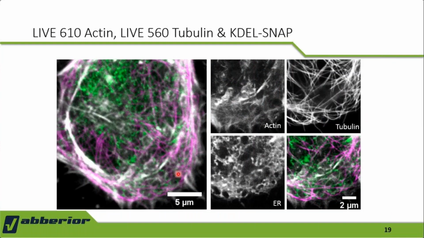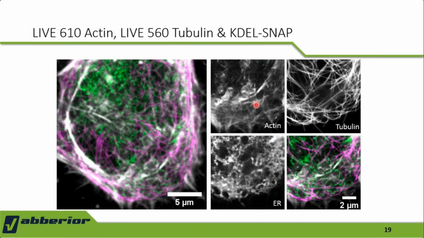And also we are working hard to provide you with a third color, a third fluorophore suitable for live cell STED microscopy. What you see here is a mammalian cell stained with Live 610 actin, Live 560 tubulin, and with our hopefully new dye labeled with the benzyl guanine to stain a SNAP construct.